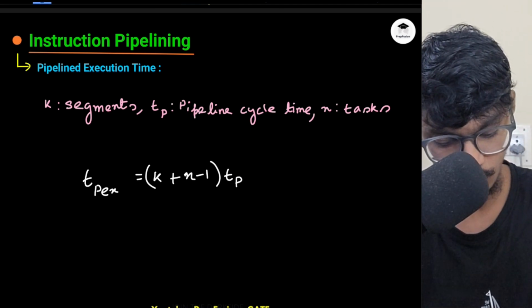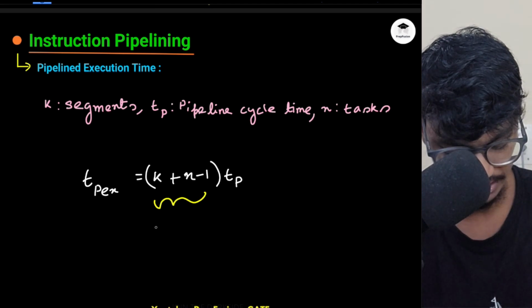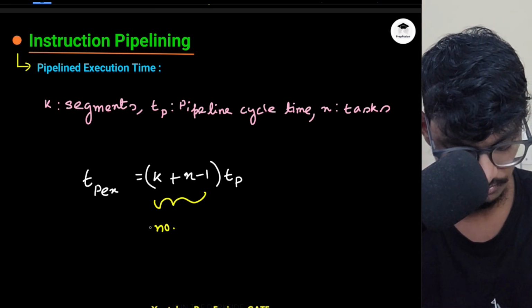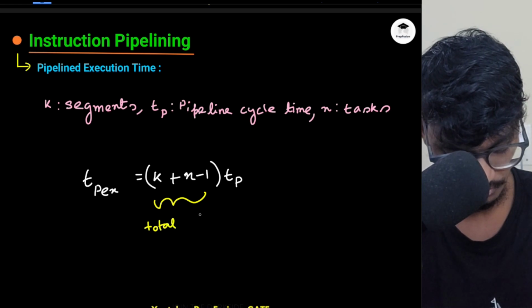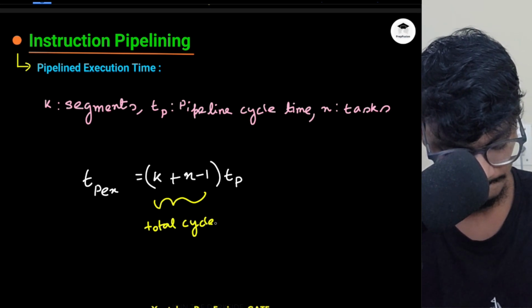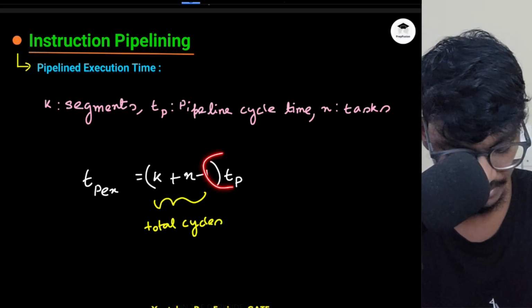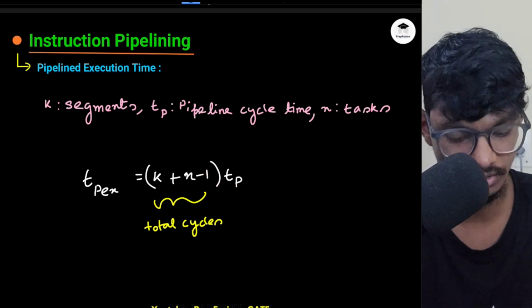So this is the total number of cycles that I have already derived. And this is the time taken by each cycle, the pipeline cycle time, and this will give me the total execution time.